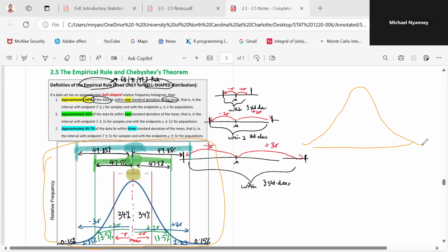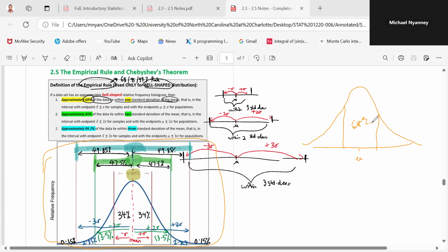So for it to look like this, you locate, let's say this is your mean, and you've gone one standard deviation of this mean, so you believe that within this interval, 68% of your data will be here.